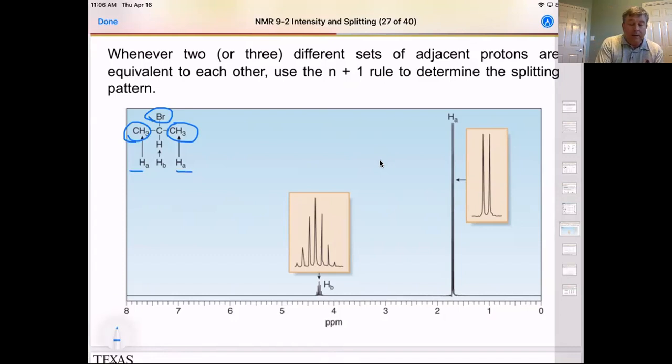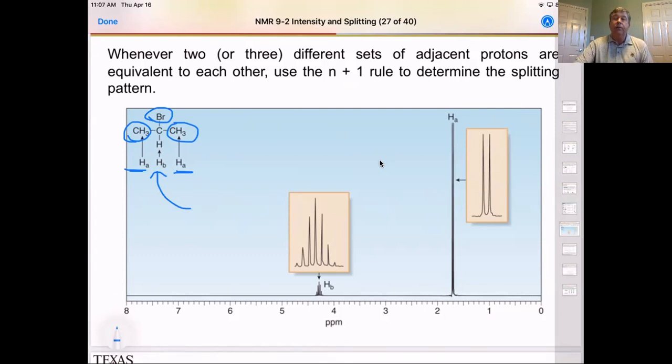Now, the only other hydrogen in the system is this one here in the middle, okay? So it is a total of 1 hydrogen, but it's adjacent to a total of 6 equivalent hydrogens, okay? So let's talk about splitting these adjacent hydrogens here. This hydrogen will split these hydrogens, and this hydrogen will split these hydrogens.